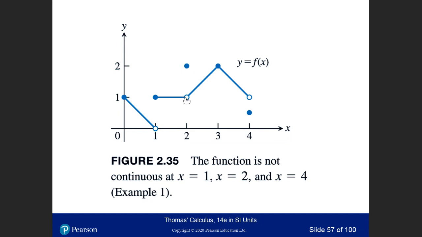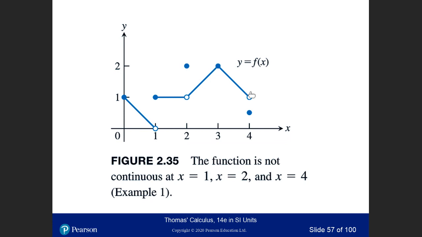It's not continuous at 2. Now let's look at this point 3. As you approach 3 from the left-hand side, the limit is 2 and the function value is 2. As you approach 3 from the right-hand side, again the limit is 2 and the function value is 2. So the function is continuous at 3.